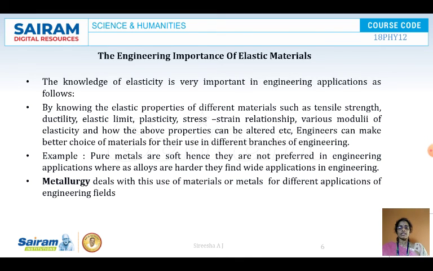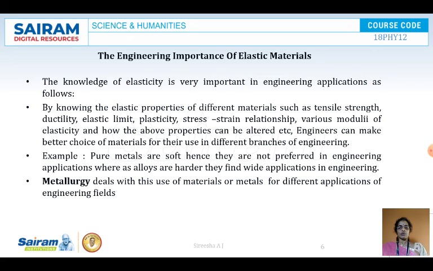For example, pure metals are soft, hence they are not preferred in engineering applications, whereas alloys are hardened and find wide applications in engineering. So by knowing these elastic properties, we can utilize the material at different application levels.